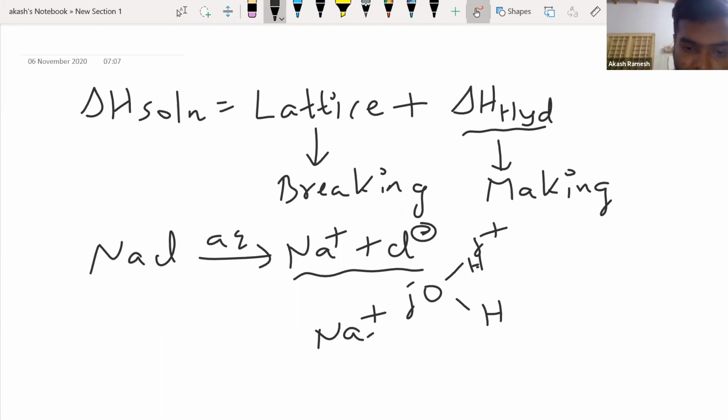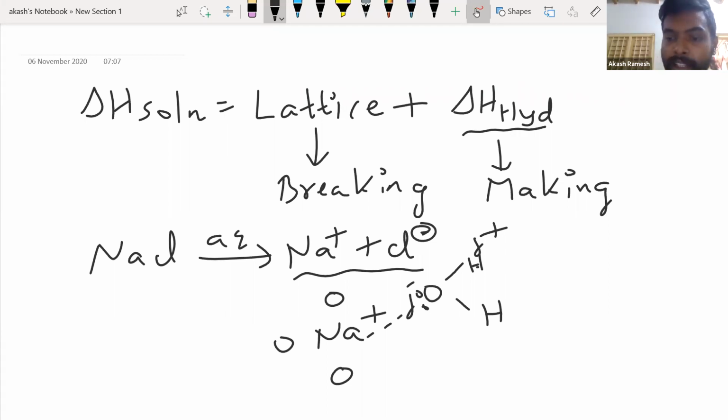So you can have an interaction between your Na plus and the delta negative of oxygen, or you can even say there is a lone pair on oxygen, so there is some interaction between the sodium positive and the lone pair on oxygen. Like this I can have so many water molecules surrounding, one oxygen here, one here, one here. So the water molecules surround the ions. Same goes with Cl minus.